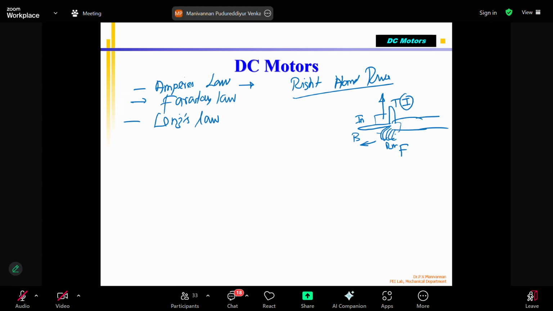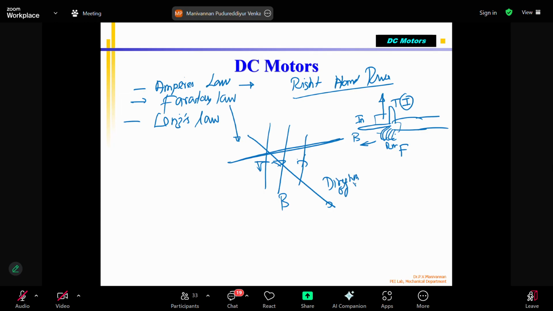If I have a magnetic field going from top to bottom, and I take a wire, a conductor, and move it across this field, perpendicular to it, then a voltage will be induced in this wire.